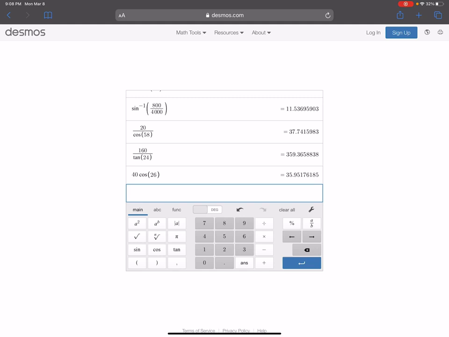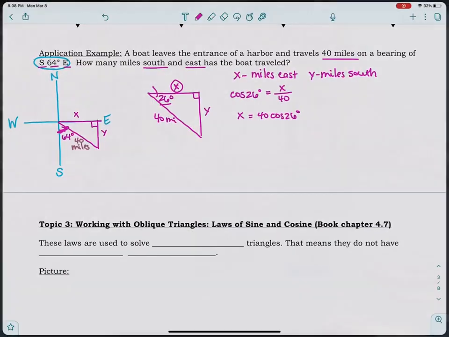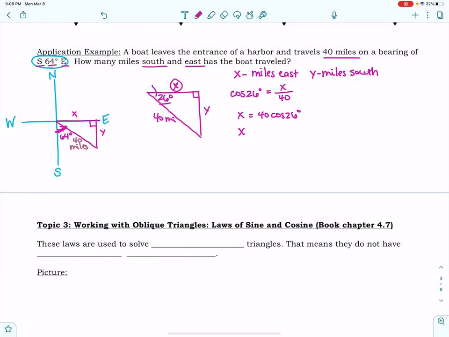That gives me 35.95. Since I can't really round it to one decimal, I'm just going to round it to a whole number. So X is approximately 36 miles east.